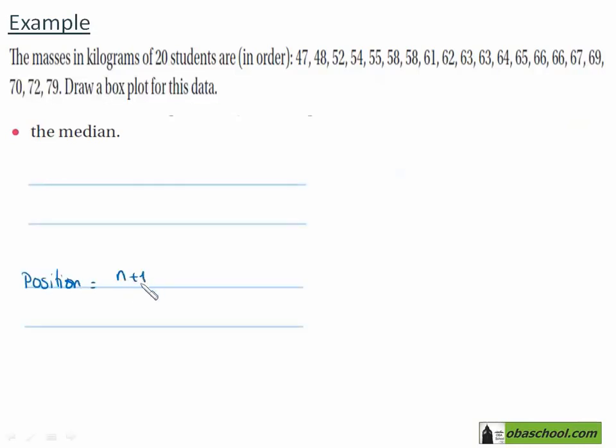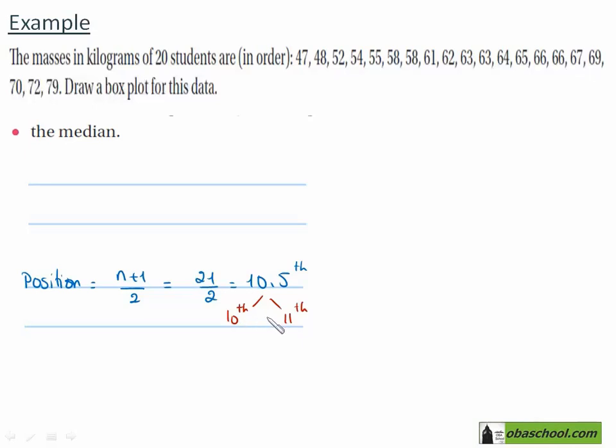Now, let's go ahead and find the median. The median is basically, for its position, n plus 1 over 2, and that is 21 over 2, which is 10.5. So it's between the 10th and the 11th value, because it's 10.5. Now let's go ahead and find it.